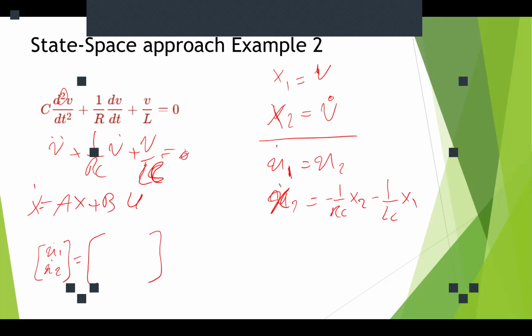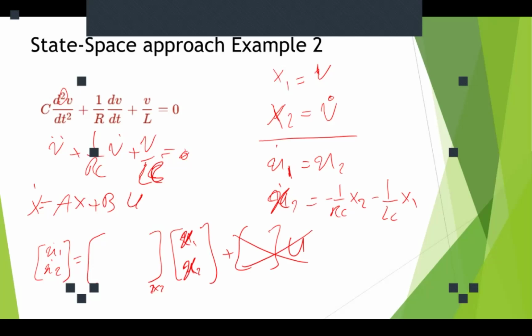We have two state variables, so it's going to be a 2 by 2 A matrix times the vector of state variables, x1 and x2. Plus B times u. We don't have u, so we can just ignore this part.